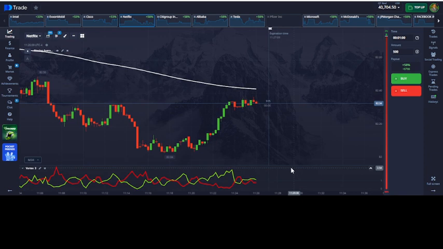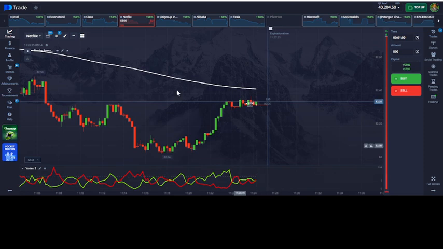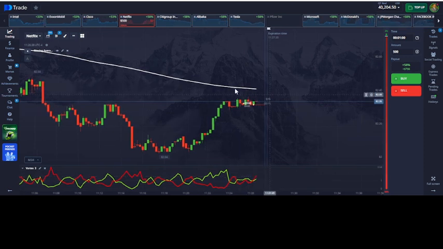Okay, so I'm on Netflix right now, and I'm waiting to take the trade. Okay, so there we go. I went ahead and took a sell trade. I first waited for the cross of the vortex line here. In addition to that, we're seeing a bearish trend in the overall price of the stock here.